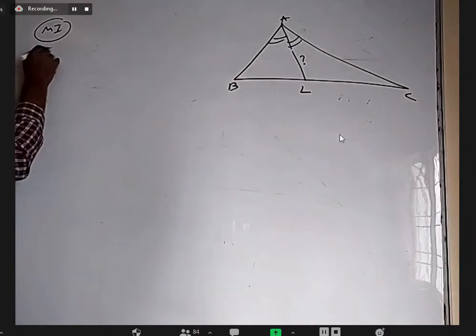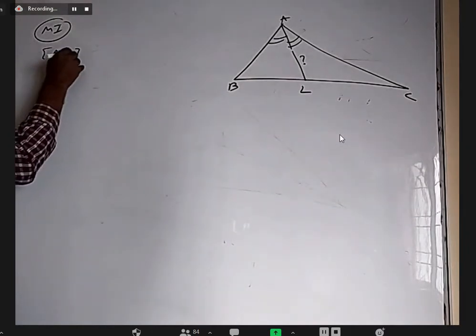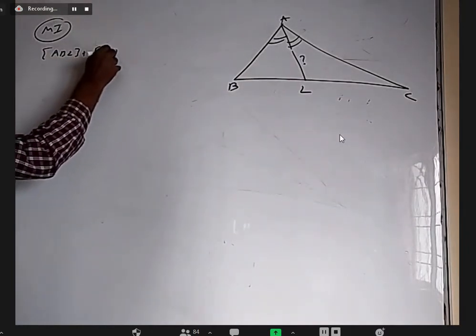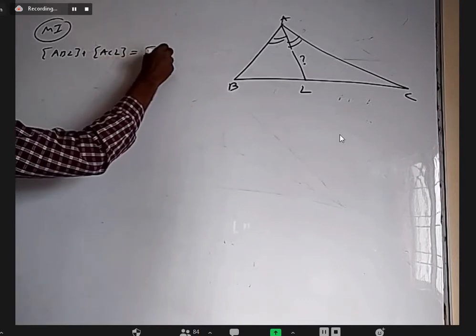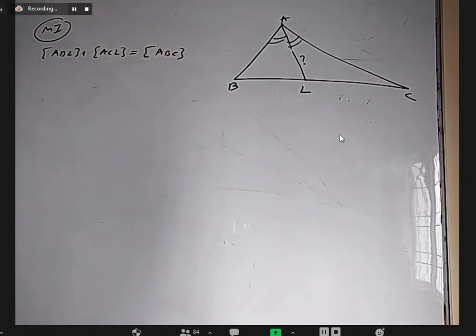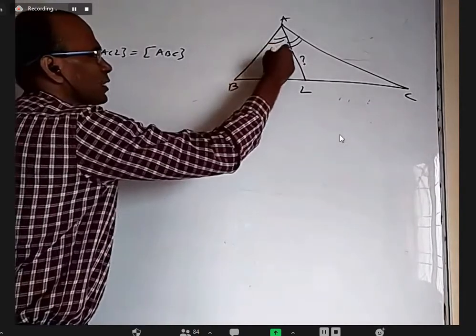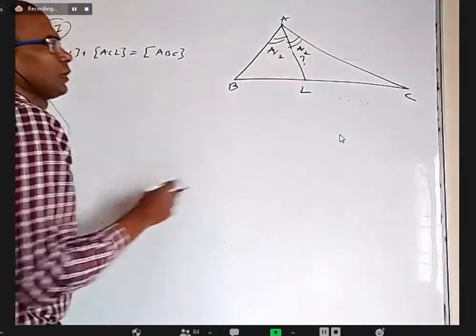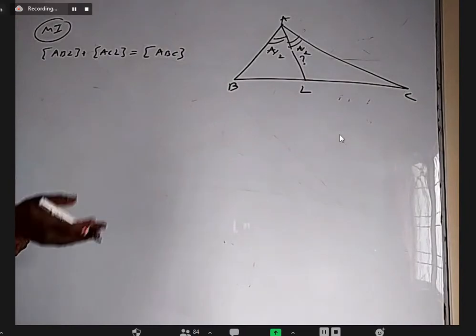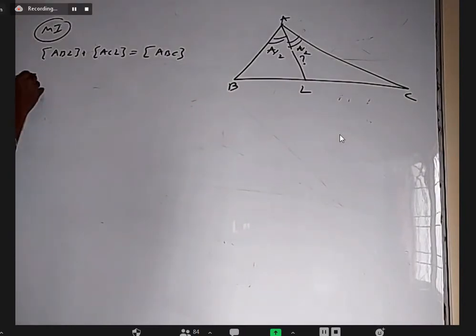So area of triangle ABL plus area of triangle ACL is equal to area of triangle ABC. In ABL, this is A by 2 and this is A by 2. For any triangle, area is half into the product of two adjacent sides into sine of the angle between them. So this is half into AB into AL into sine A by 2.